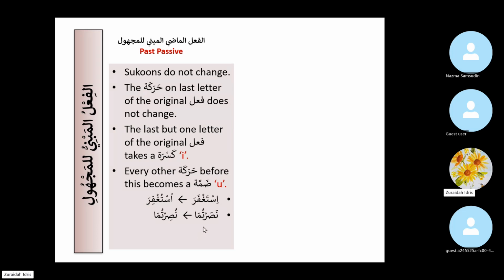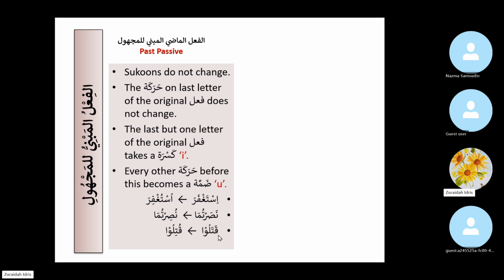But the significance here is, you'll see in the plural version, qatalu, qutilu. You need to know what the last point of your word is. So here it is the ra, here it is the lam. How do you know this?